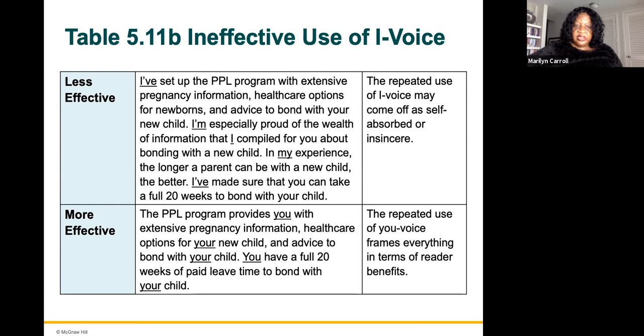In my experience, the longer a parent can be with a new child, the better. I've made sure that you can take a full 20 weeks to bond with your child. Come on. Now, the repeated use of I voice may come across as self-absorbed and insincere.